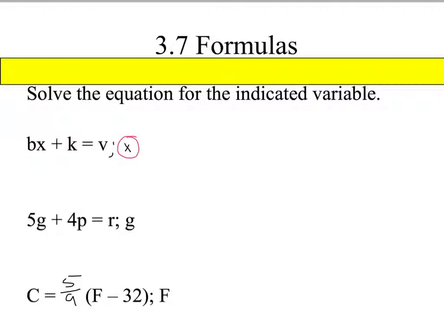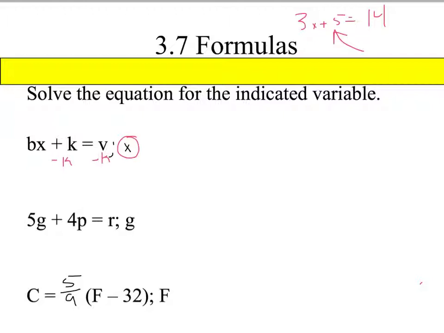Just like if you were given the equation up here, a little sidebar, 3x plus 5 is equal to 14. I want to get rid of this 5 first, right? Same thing down here. I want to get rid of that k first. It's being added to my bx, so I'm going to subtract my k.